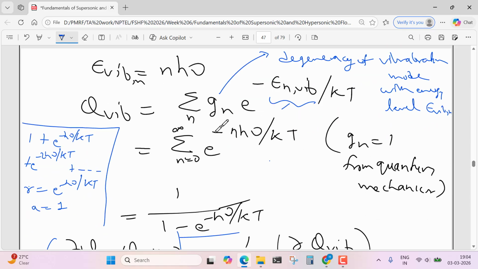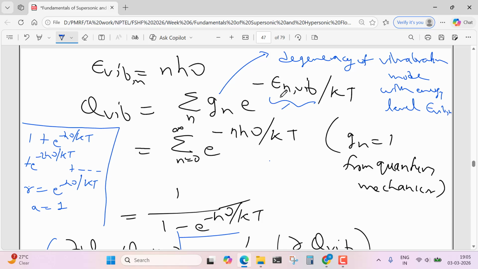Q vibration is given by, we have seen the formula before, Q equal to sigma Gj e to the power minus epsilon j upon kT. Here we substitute j with n vibration, and epsilon n vibrational is given by n h nu.